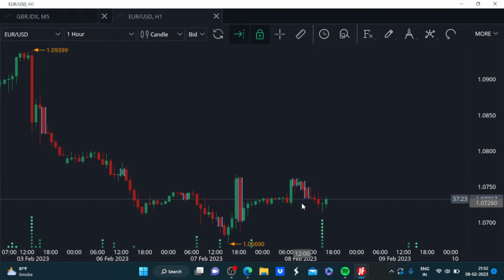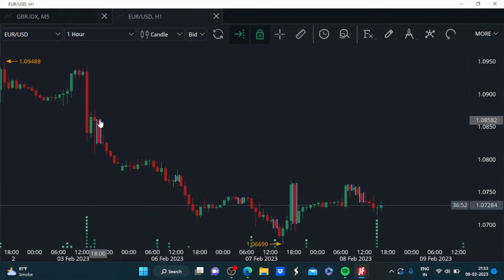Also we have to pay attention to the shadow. The bearish belt hold should not have much candle shadow on the upper side, and on the lower side it can have a shadow, but it should not be too large compared to the real body. The real body needs to be quite large compared to the shadow on the lower side.